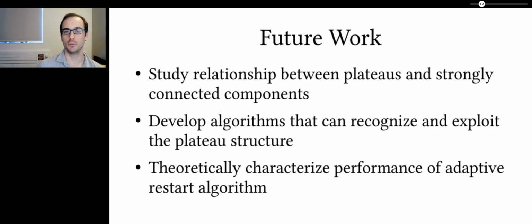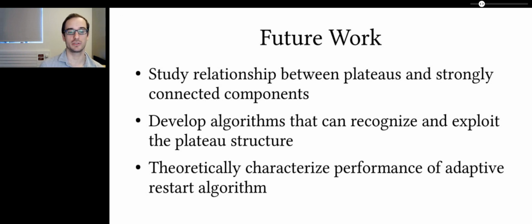So I want to take a moment to discuss some of the future directions that we could take this research. The first one is to understand the relationship between cost plateaus and strongly connected components in real examples. So we saw that the noise in the syntax of the programs makes this difficult, but it'd be interesting to investigate ways to see past that noise.